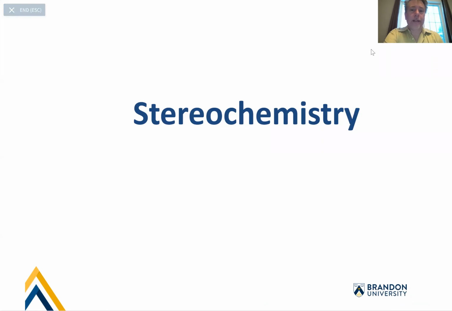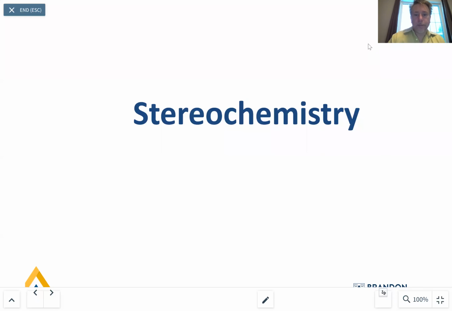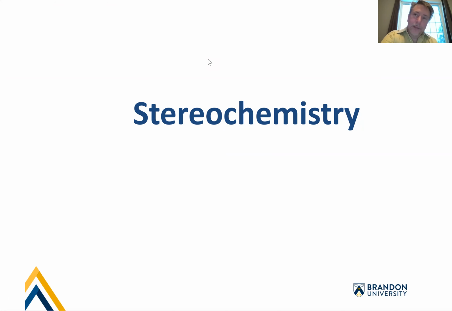So where we ended off last class is we just started the stereochemistry portion of the class, and so this is essentially the field of chemistry which deals with basically three-dimensional arrangements of atoms, where the connectivity of the various atoms is the same, but the three-dimensional arrangement's different.